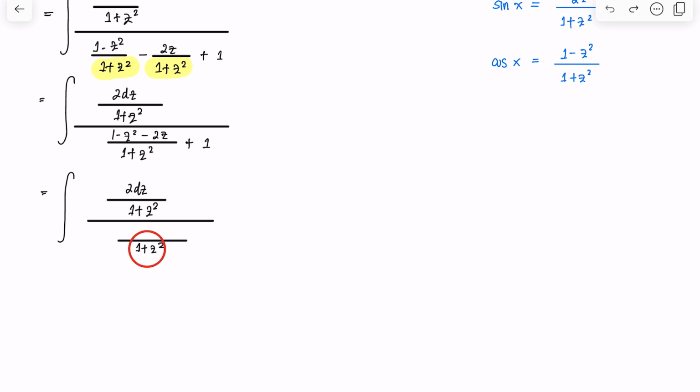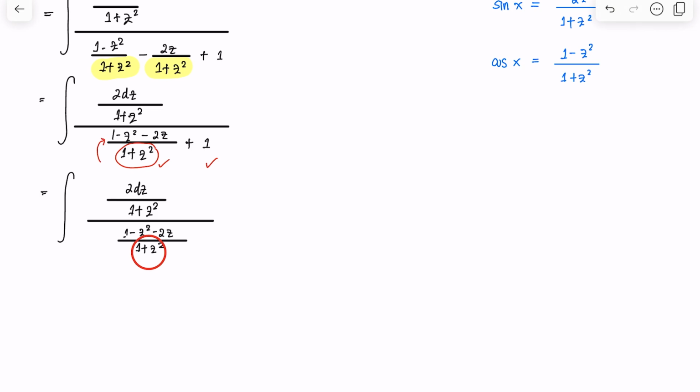That means this will become 1 minus z squared minus 2z. If you recall what I said, if you take 1 plus z squared as the common term for these two terms, you divide 1 plus z squared by this denominator, and whatever the quotient is, you multiply it by the term on the numerator.